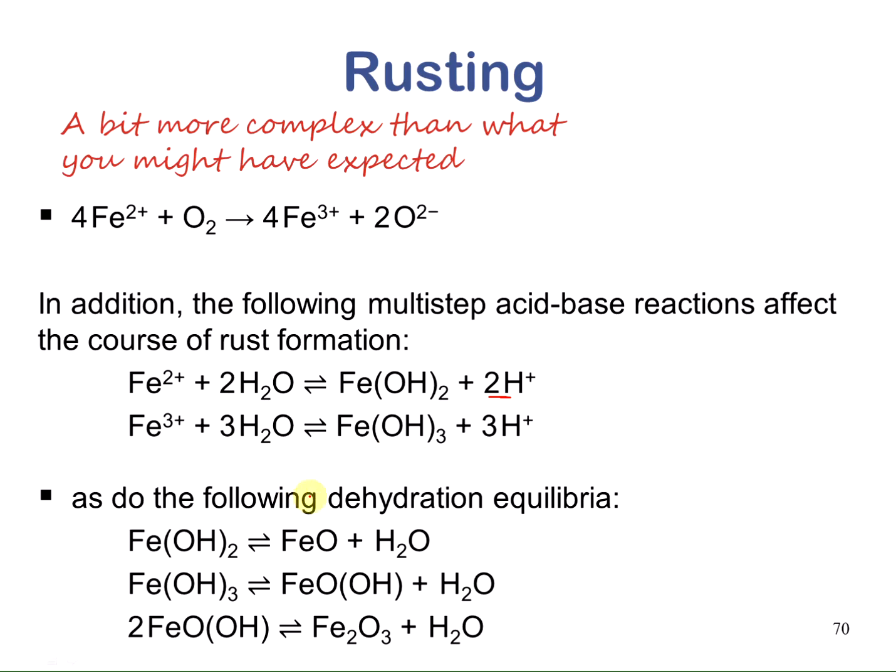And then you also have to have the dehydration equilibria. So here we have the iron 2 hydroxide, and that goes to make iron oxide and water. And the iron 3 hydroxide makes this iron oxygen OH compound with water. And then this compound can form the iron 3 oxide, so this rust being formed here. So rusting is really a lot more complicated than you may initially have thought.